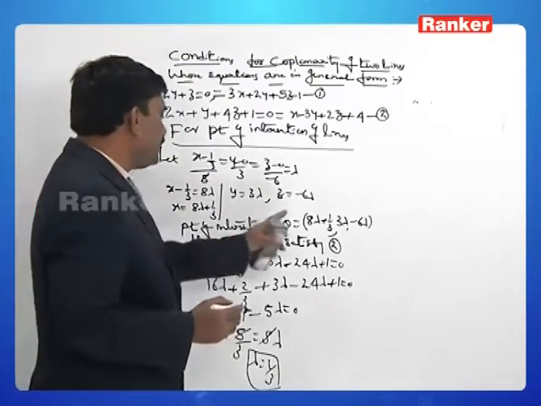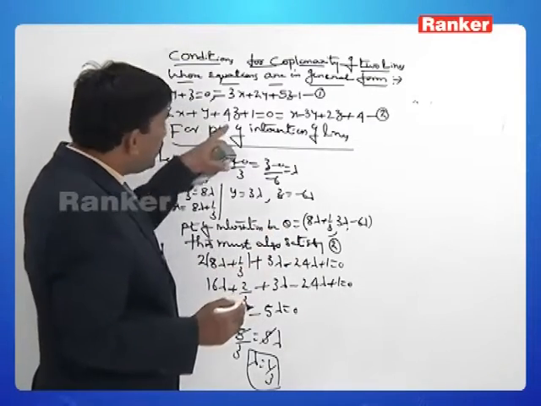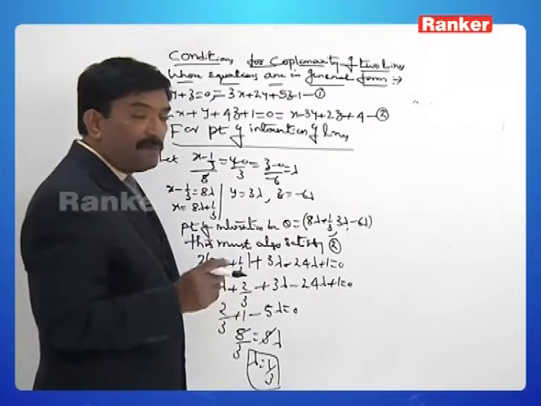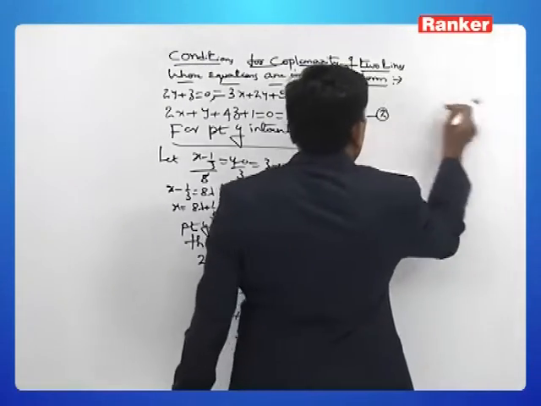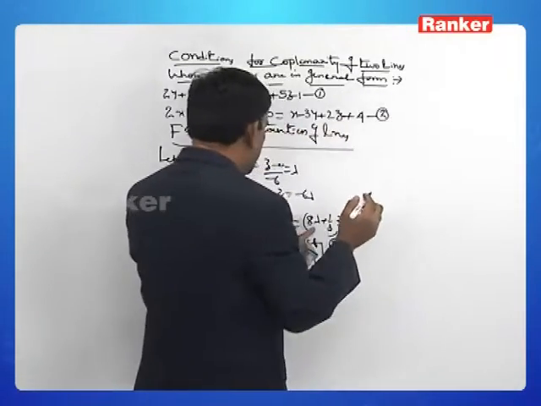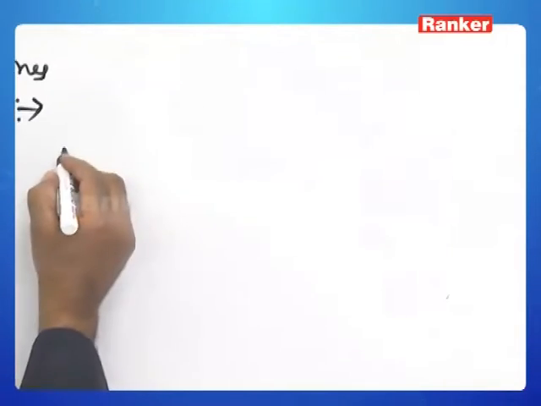Now, when this satisfies the first plane, it also must satisfy the second plane. It means we have to get the same value of lambda. What is the lambda here? Now you have to substitute in the second plane, x minus 3y.